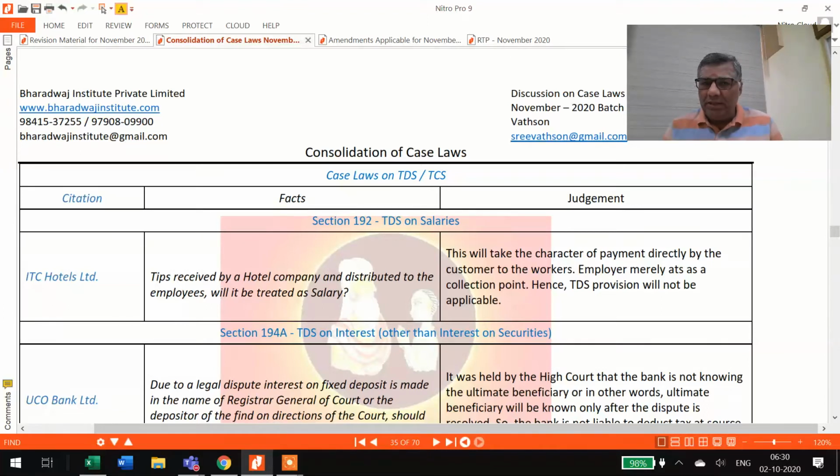So in the amendment arena, if they want to test, they will test on 194DA, that difference. 194IA, the consideration definition which has undergone a change. 194M, where you are doing for contracts and services, for non-tax audit cases and domestic payments, and also 194M cash withdrawals.